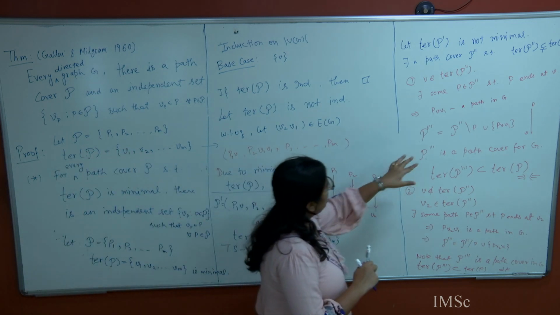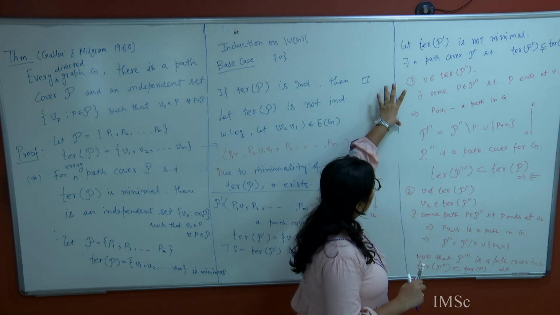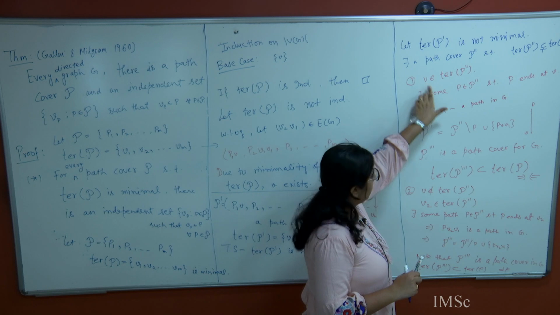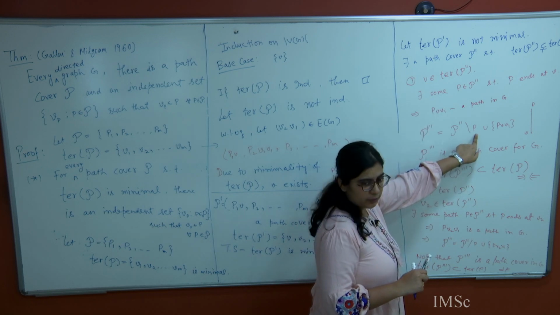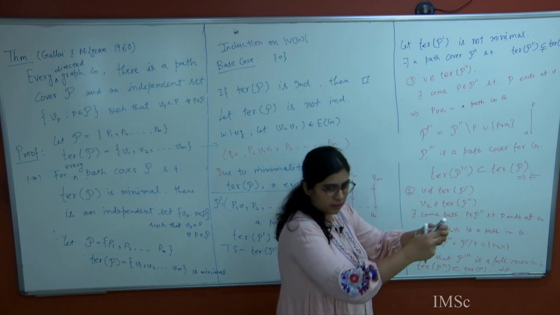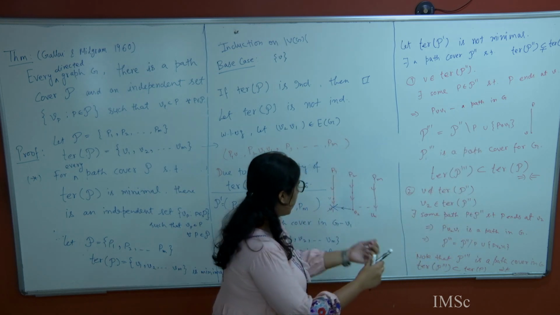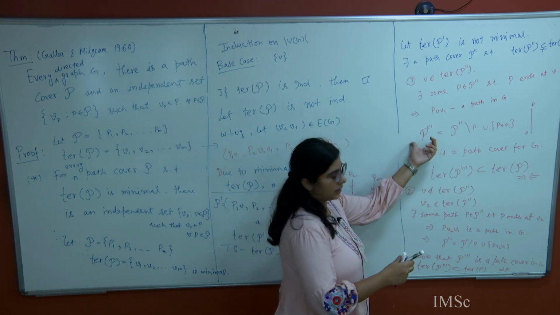When we removed this path P and extended the path which was ending at V, we included it in the path cover, and that is my P triple prime.